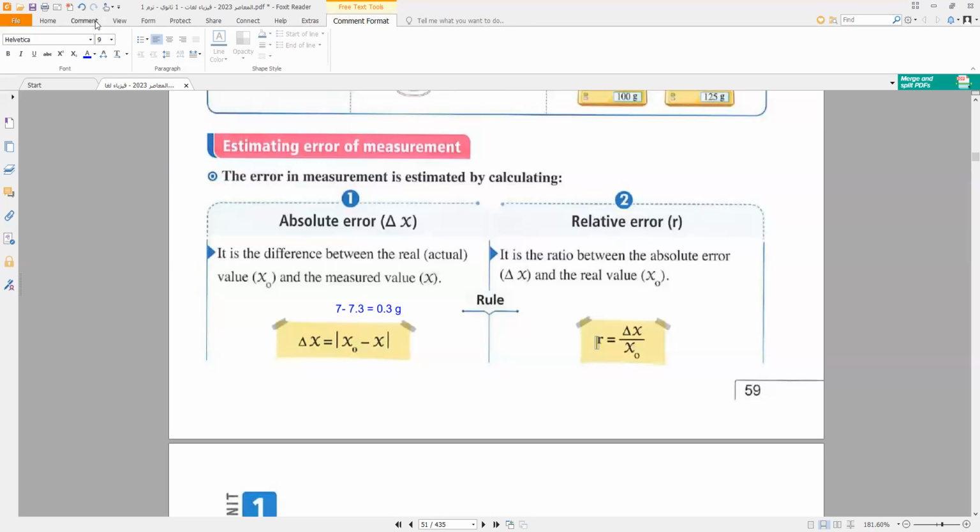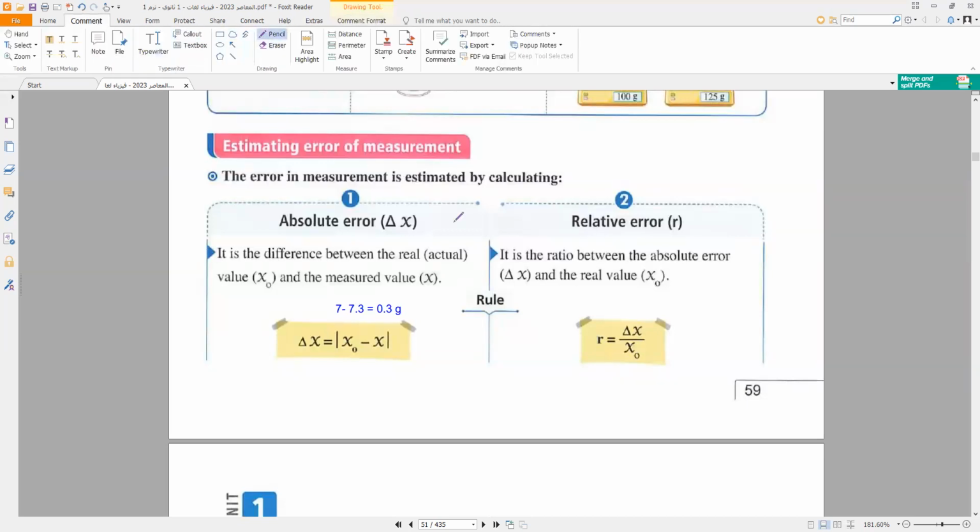If you want to calculate the relative error of length, it is the absolute error of length, delta L, over the value of L naught. To calculate the relative error of area, it is the absolute error of area over the value of A naught.